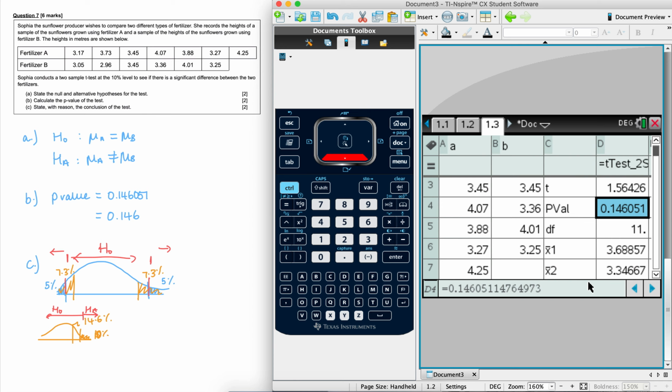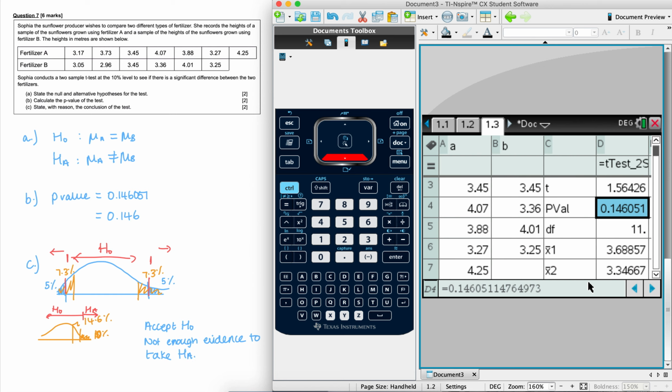It might just be coincidence with the values, and therefore we accept H0. Okay, so we accept H0. And there's not enough evidence to take HA.